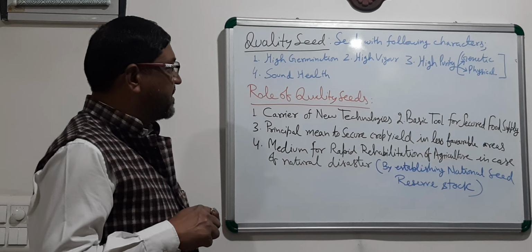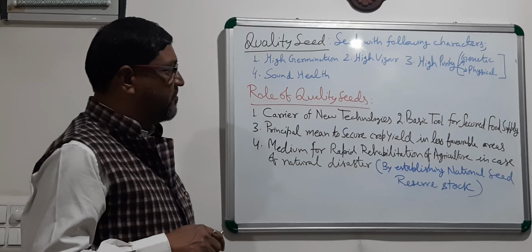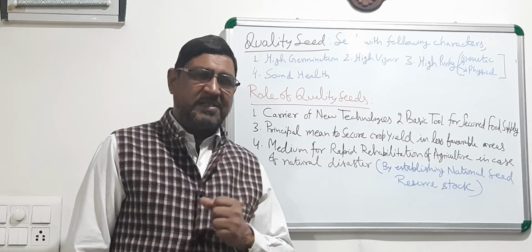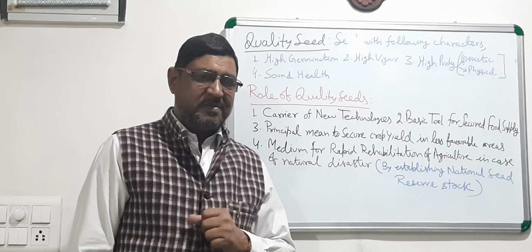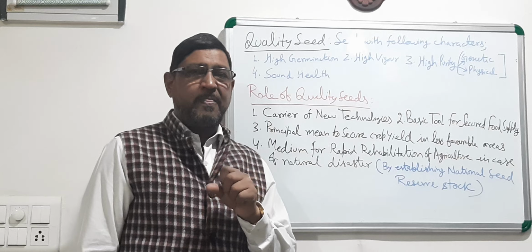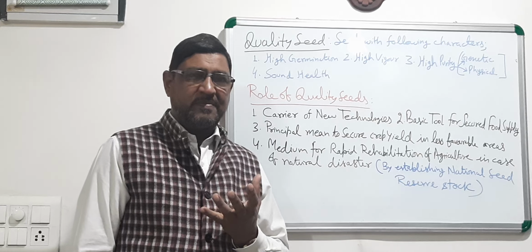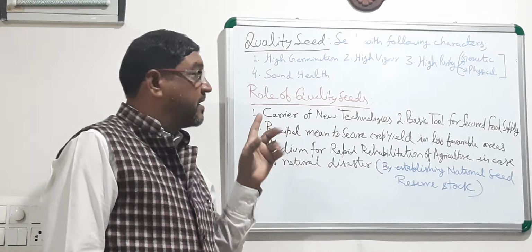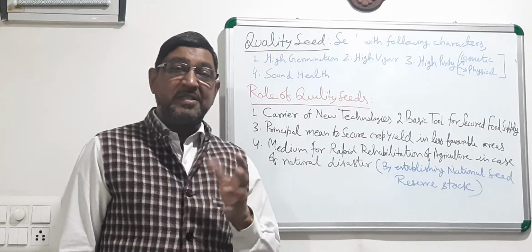If you see high germination and high vigor, you can say these are the physiological traits. Your variety, your seeds should have high germination. The germination can of course be tested in the laboratory.